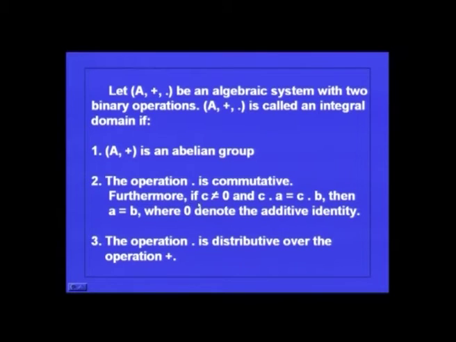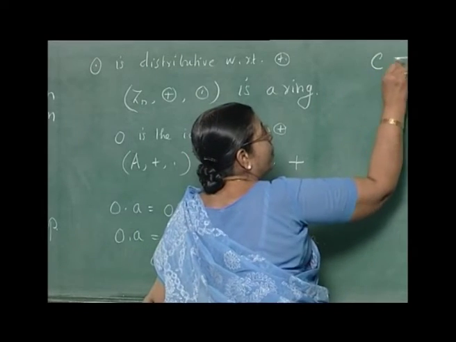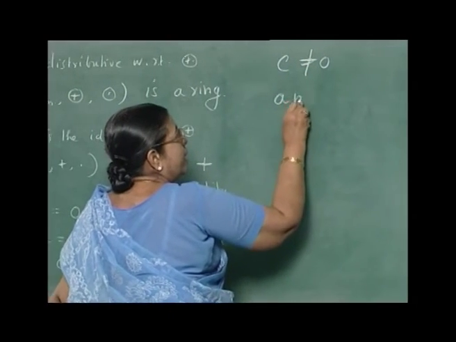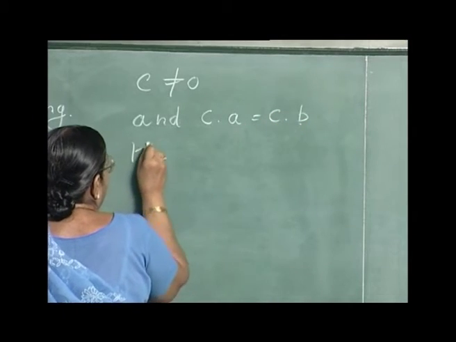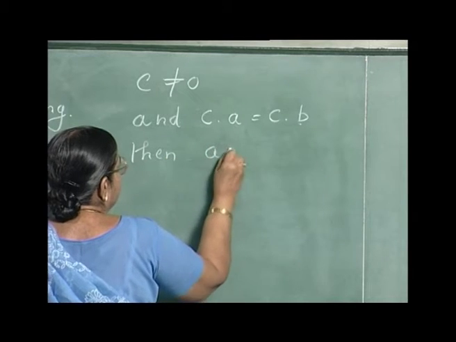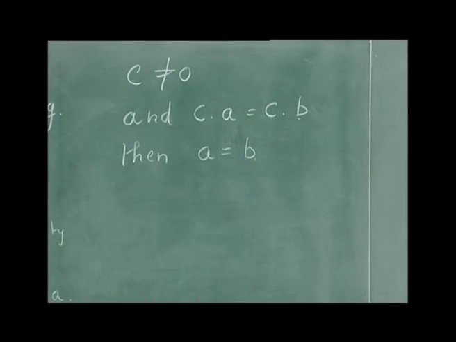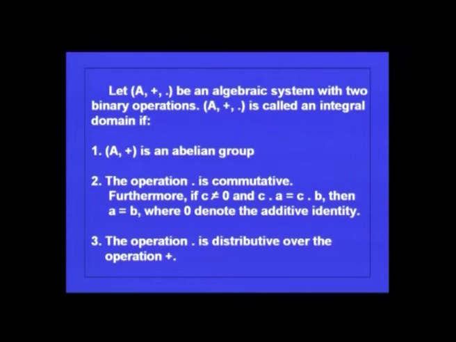Furthermore, if C is not equal to 0 and C dot A is equal to C dot B, then A is equal to B. Left cancellation you are allowing. 0 is the additive identity, and the operation dot is distributive over the operation plus. That is the third condition.